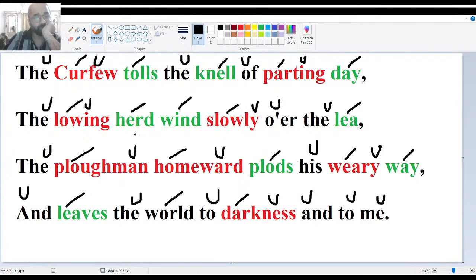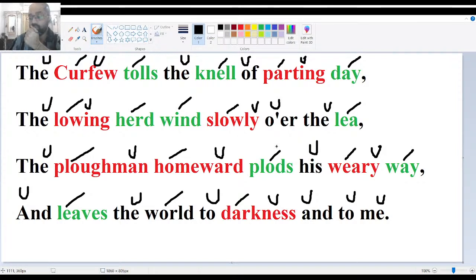Now read it once, twice, as many times as possible in order to identify the rhythm. I have already told you that there are two dominant rhythms in English poetry, the iambic rhythm and the trochaic rhythm.